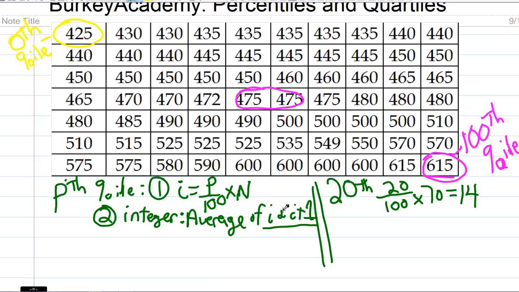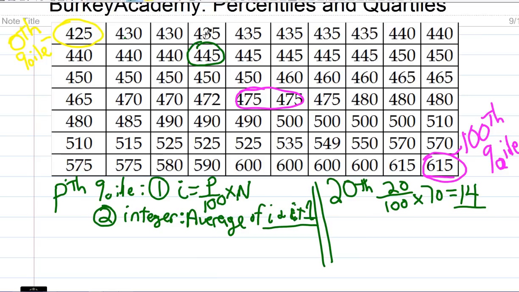Now, what do I mean by that? Well, over here we got I as 14. That's an integer. So what that says is go to the 14th number in the list. 1, 2, 3, 4, 5, 6, 7, 8, 9, 10, 11, 12, 13, 14, right here, 445.